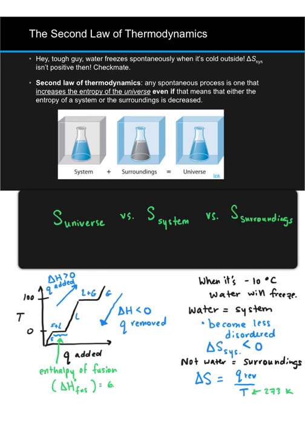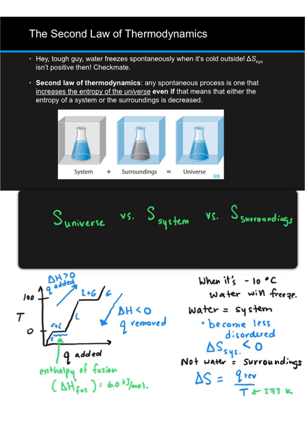For water, that's 6 kilojoules per mole. So, is that 6 kilojoules per mole worth of energy being given to or taken away from surroundings? In other words, is this 6 kilojoules per mole number a positive value or a negative value for everything that's not water, but in the surroundings instead?